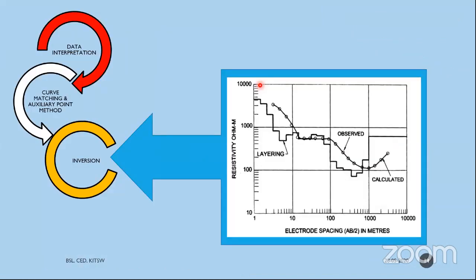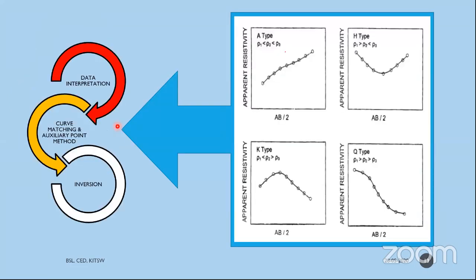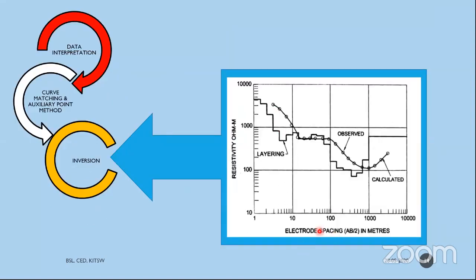Like curve matching, the same way, apparent resistivity is on the y-axis and electrode spacing AB by 2 on the x-axis. But remember, it is log for the vertical electrical sounding approach.